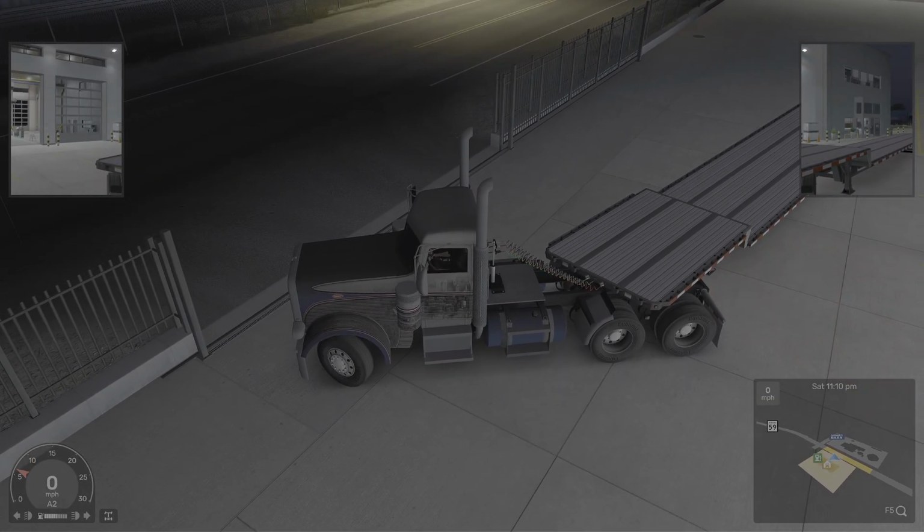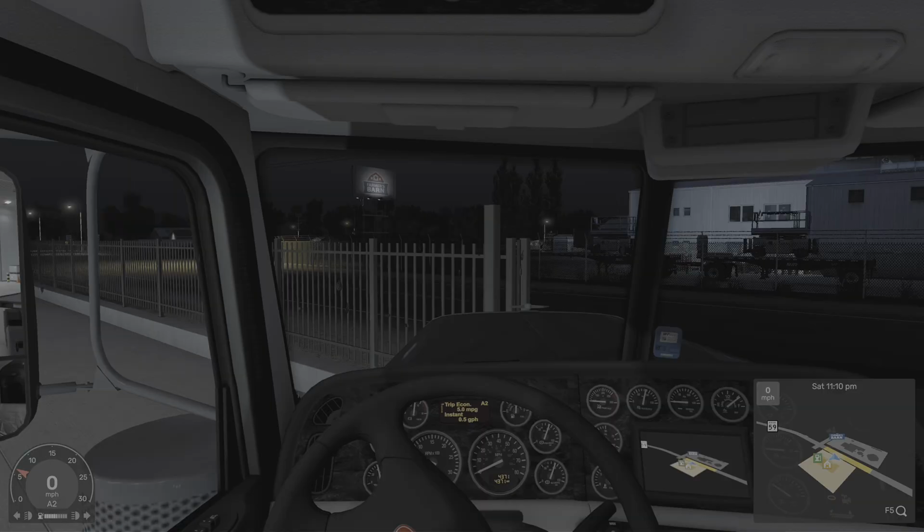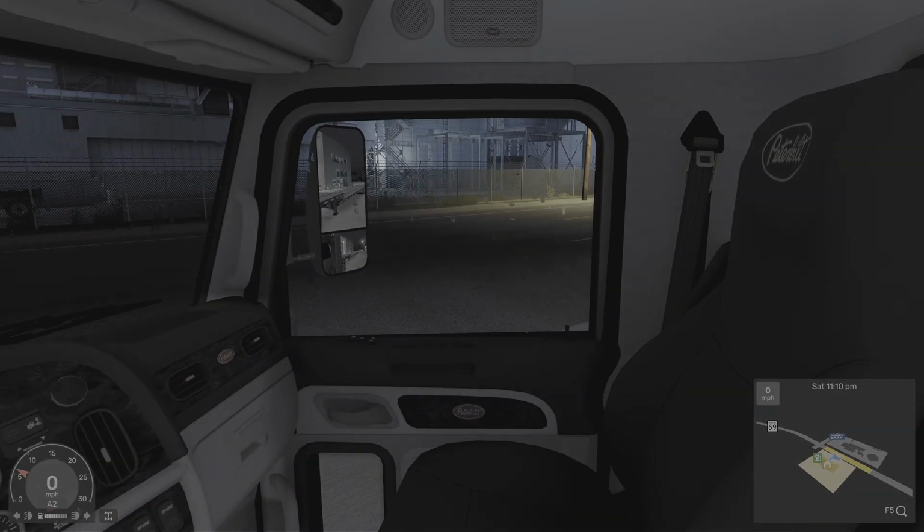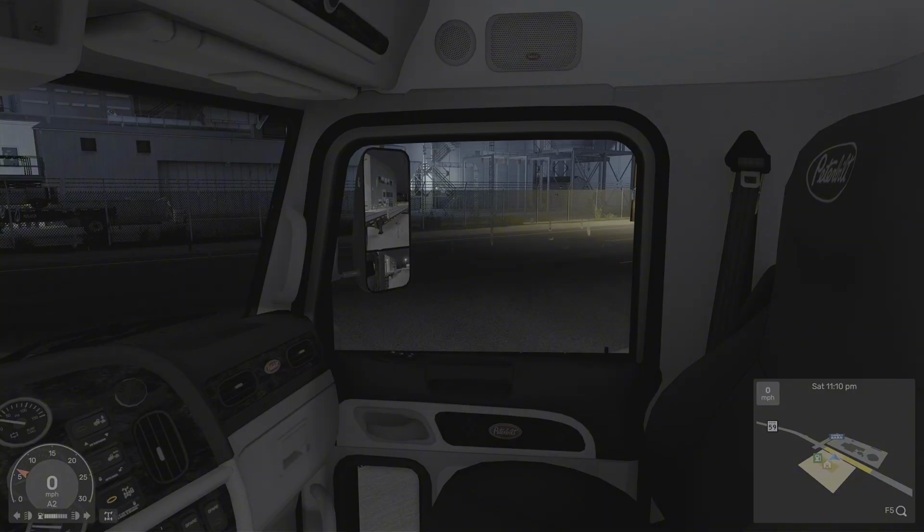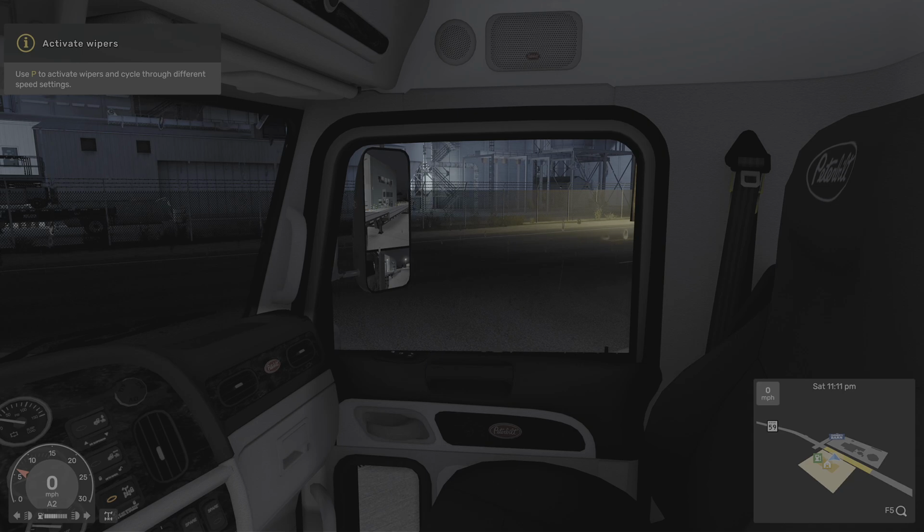This mirror would only, you see where the rear is, you see where the mirror is, the edge of the trailer. If that was a box trailer, you would not be able to see anything but the box.